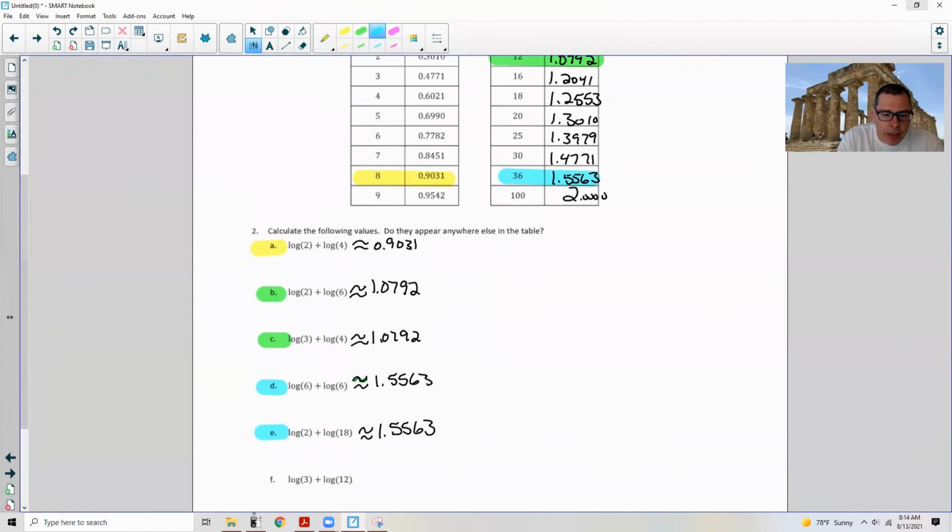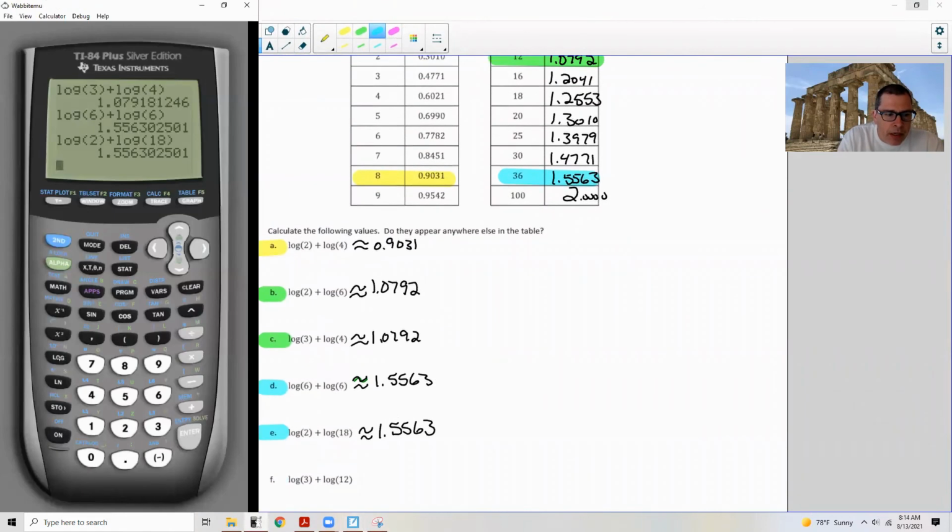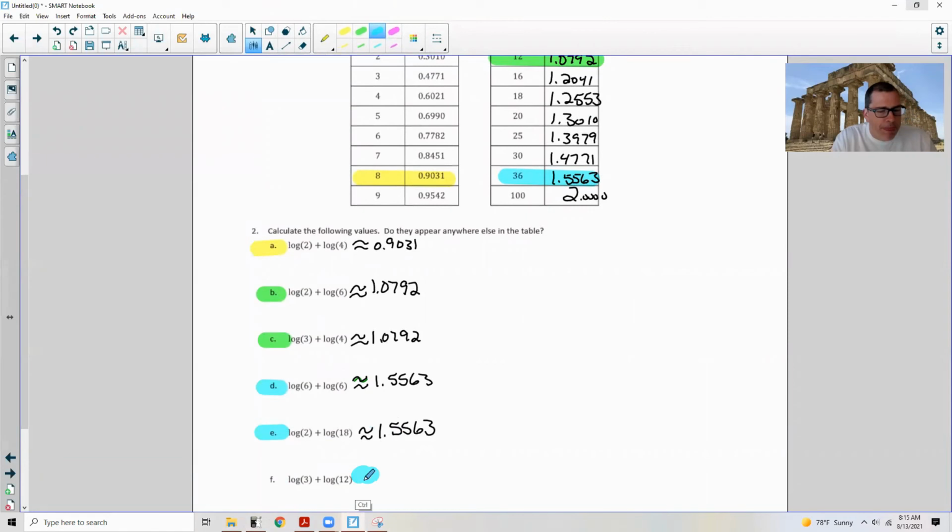There's one more. Let me get my calculator back. And it's the log of 3 plus the log of 12. Okay, it gave me 1.5563 again. So switching to my highlighter, those three are the same.